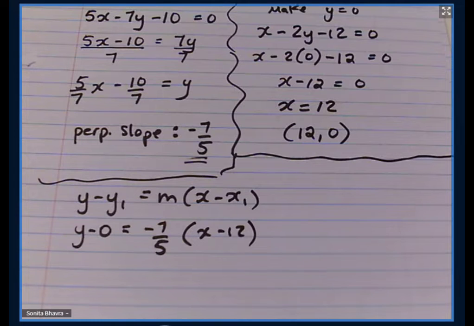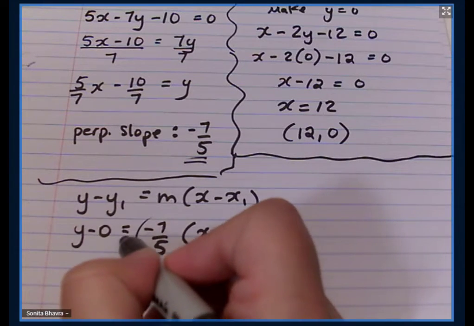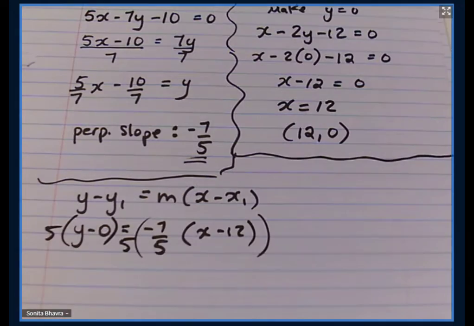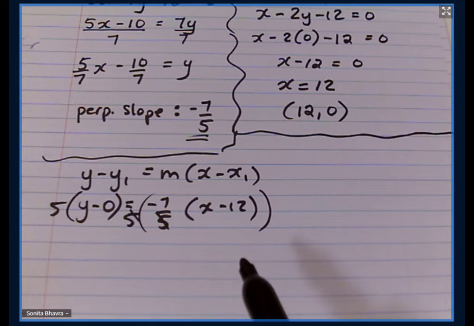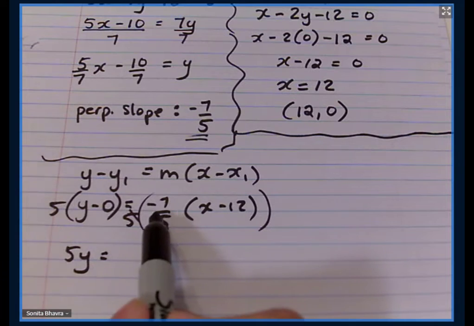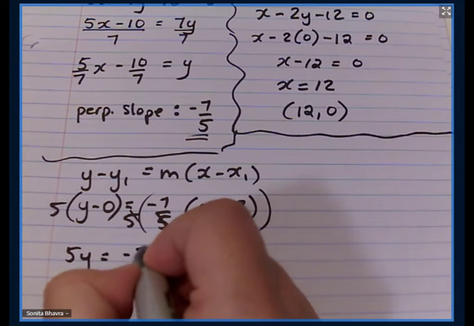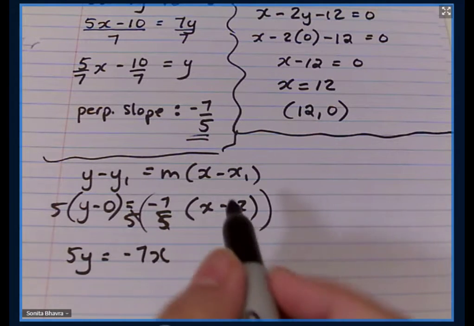We have to put it into general form. The first thing we have to do is multiply everything by 5 to get rid of this fraction. So multiplying by 5, multiplying by 5. Here the 5 and 5 cancel out, and then we're left with 5y equals negative 7 times x, so negative 7x, and then negative 7 times negative 12, which is plus 84.